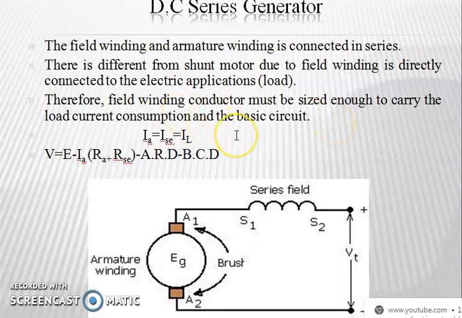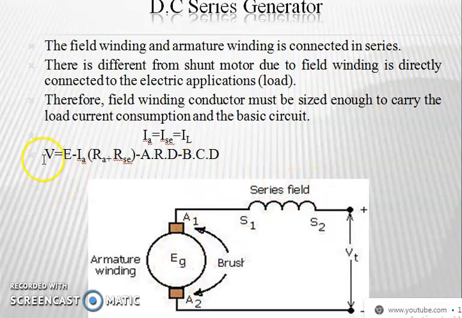The voltage drop across the winding has to be very small and its resistance very low, therefore it is made of a few thick turns of copper. Because of this, the armature current is equal to the series current, which is equal to the load current, because all are connected in series.